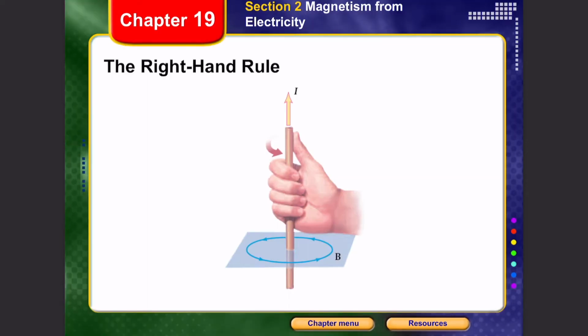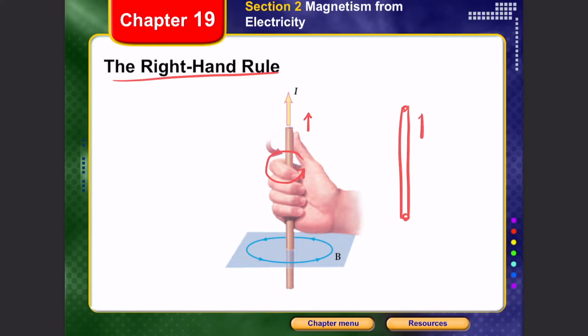So what is the right-hand rule? If you take a wire and point your thumb in the direction of the current, the way the other four fingers wrap around the wire represents the magnetic field.